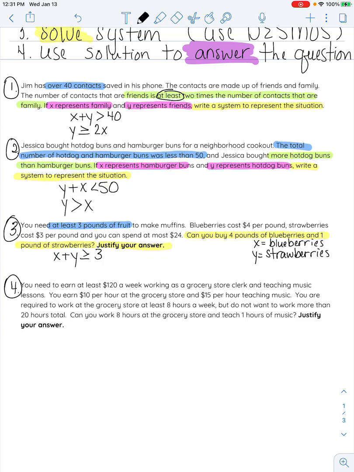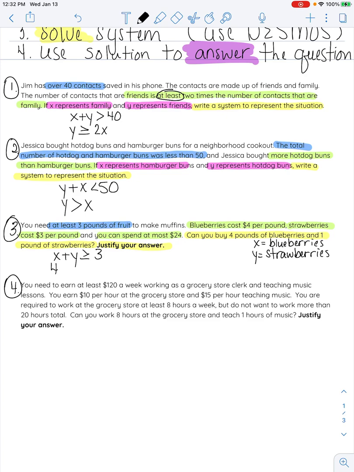Let's look for another relationship. My second relationship that I see here is blueberries cost $4 per pound, strawberries cost $3 per pound, and you can spend at most $24. So watch this.